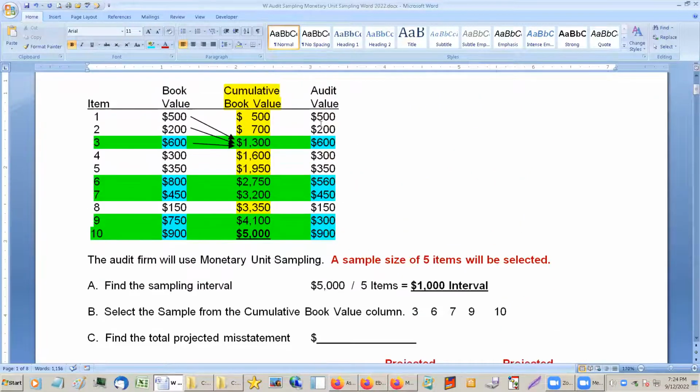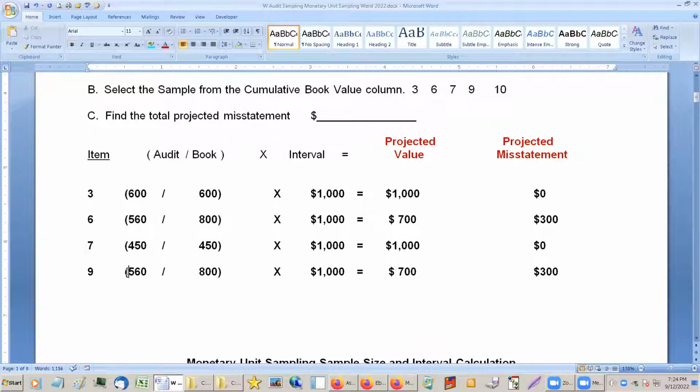The audit value is 300, book value 750. So that's 400.